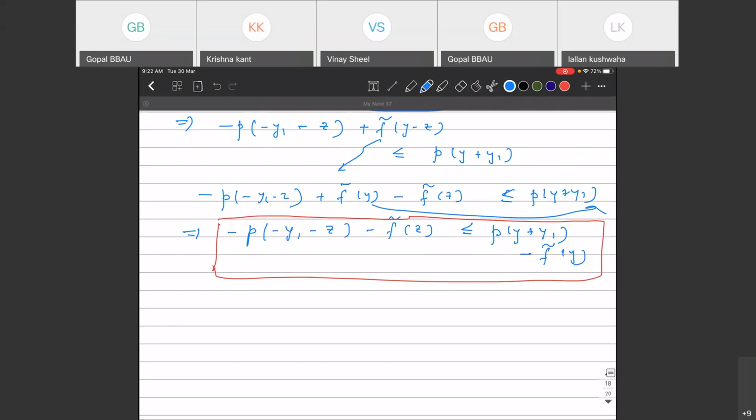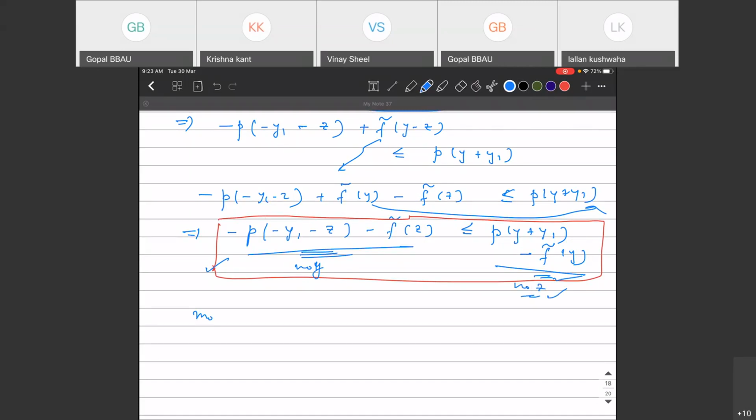Now see, in the left-hand side there is no y, and in the right-hand side there is no z, correct? So you take the supremum on the left-hand side and the infimum over the right-hand side. So take the supremum over z, because on this side there is no y and on this side there is no z.